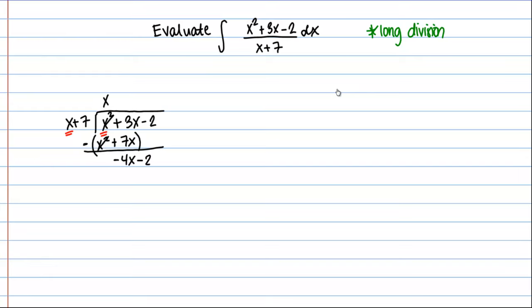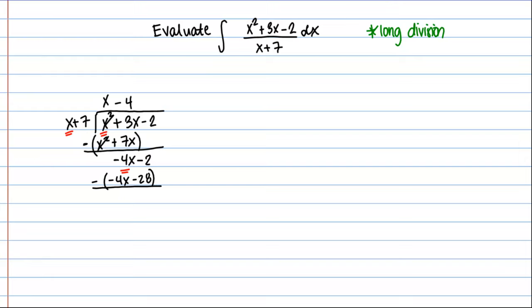minus 2. And then I do the same thing again. I'm still looking at this x out here, and I'm asking myself, how many times does x go into negative 4x? Well, that's going to be negative 4, so I put my negative 4 up here, and then I take negative 4 and multiply by x plus 7, which is going to give me negative 4x minus 28, and I subtract that whole quantity.